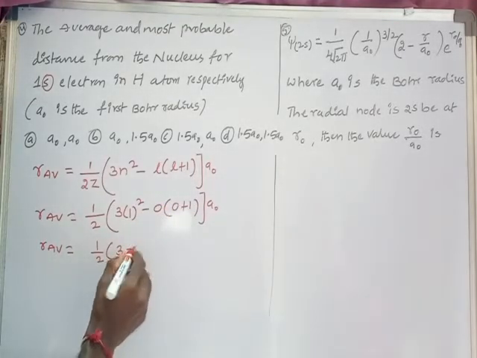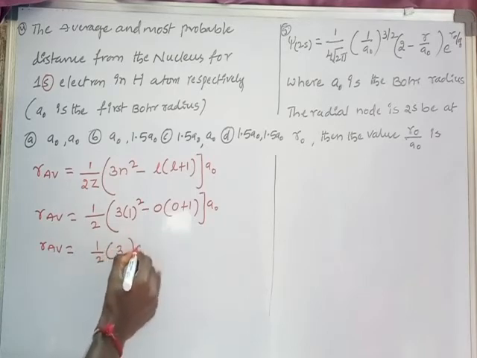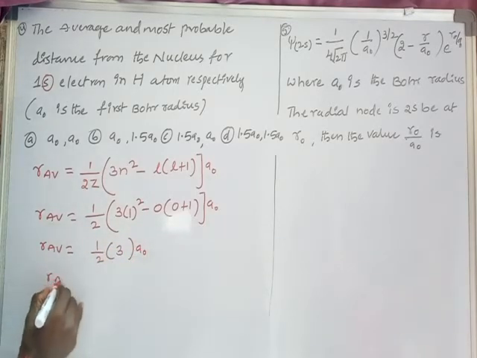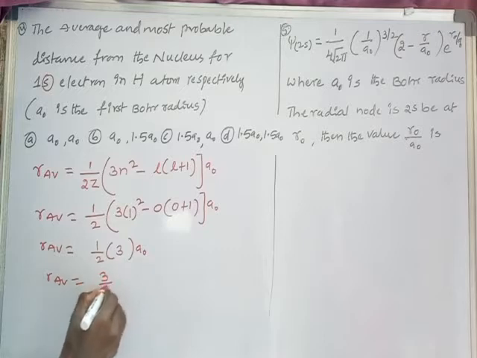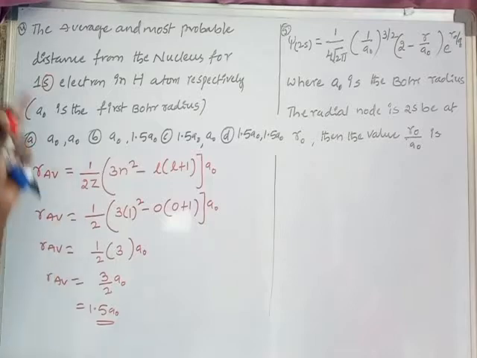Finally average radial distance equals 3 by 2 a naught. 3 by 2 is nothing but 1.5 a naught. So here this is the average radial distance of the 1s orbital of hydrogen atom.